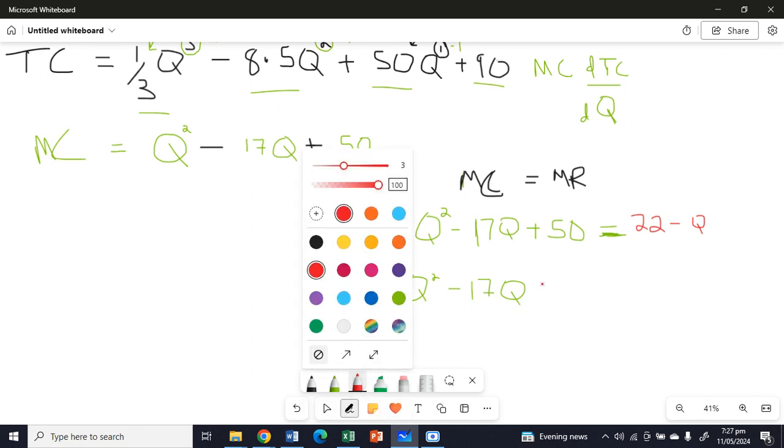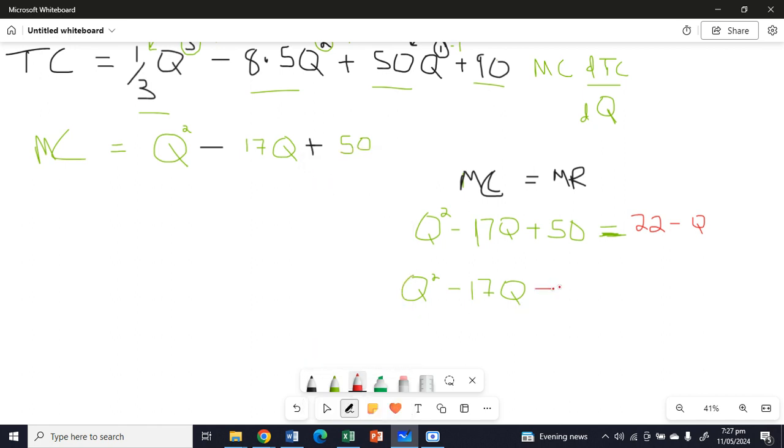So negative 17q plus q, plus 50, and this positive 22, when it crosses the equal sign, becomes negative, minus 22. Equals 0.